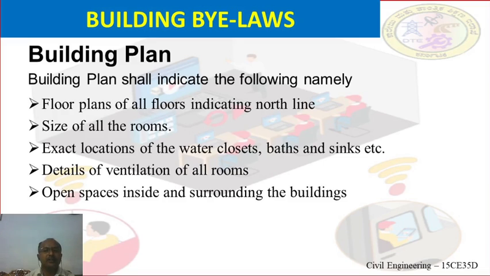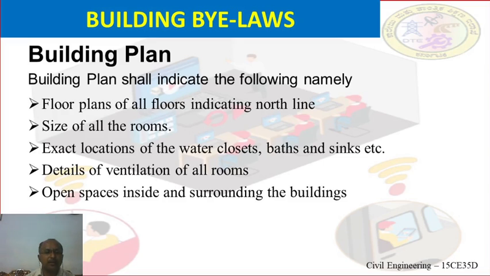And ventilators we are going to write as V, and the index is also shown in the building plan on the right top corner, which shows the schedule of openings in the drawing, and open spaces inside and surrounding the buildings.